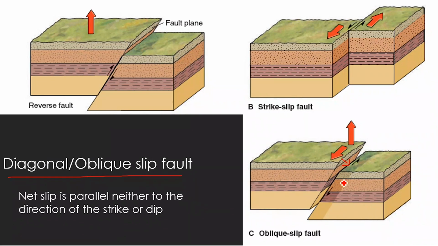Net slip means the amount of slip which happens to these blocks is neither parallel to the strike nor parallel to the dip. So it is oblique, it moves in a diagonal manner. That we call a diagonal slip fault.